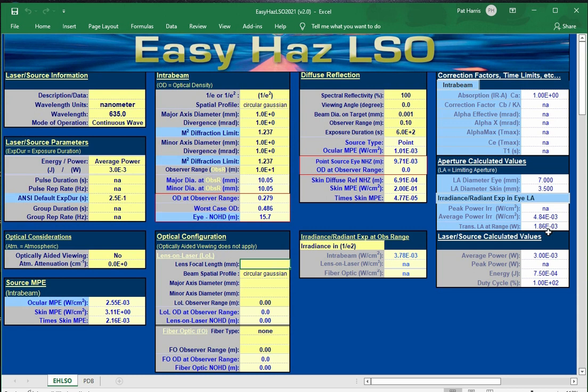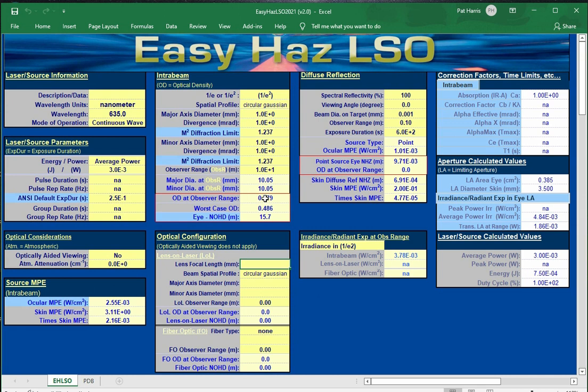So if I take that power and I divide it by the area of this limiting aperture, which is 0.385 square centimeters, then the average irradiance of my beam is 4.84 milliwatts per square centimeter, and you can see that's a little bit higher than my MPE. We'll come back to the MPE in just a second.